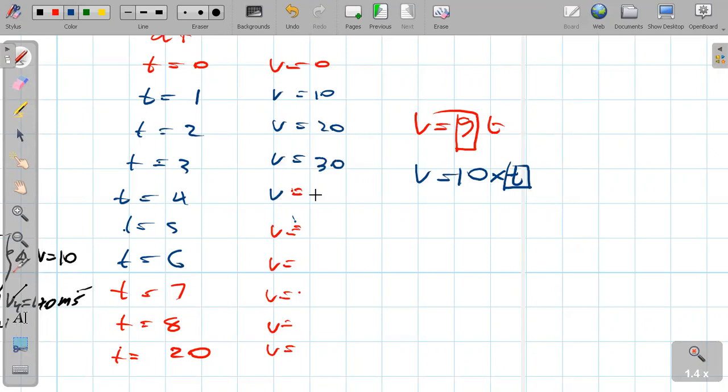For 4, 40. 5, 50. 6, 60. 7, 70. 8, 80. What about 20 seconds? Everyone say it quickly. What is the answer? Right, it is 200.